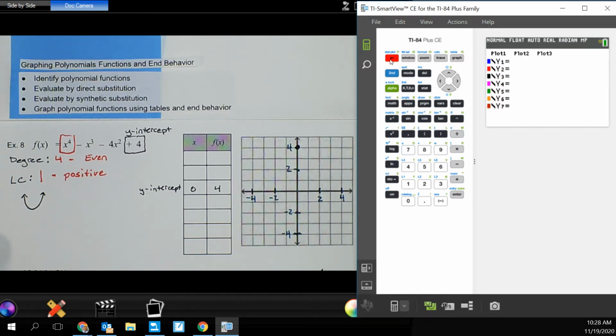So we're going to type y equals, so we get the y equals function, and we're going to type this in. So we use our variable, which is the x button. Then we need to use the caret key and raise it to the fourth power. So we have x to the fourth. Then we have minus x cubed. And then we have minus 4x squared.